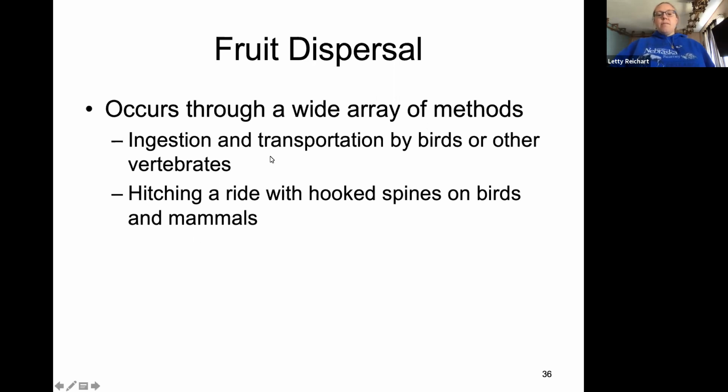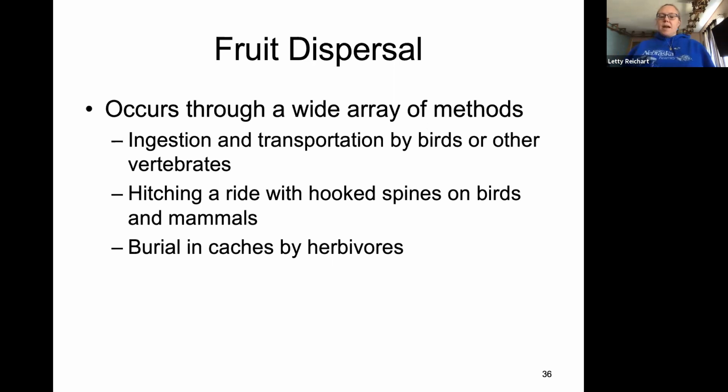Now, you have probably been annoyed by a variety of different seeds that have spines. You know, the sandburrs that stick in your foot, they hurt, right? But those seeds are well adapted to attaching themselves to things, including you. Sometimes seeds are dispersed by organisms that like to bury the seeds in storage bins called caches.